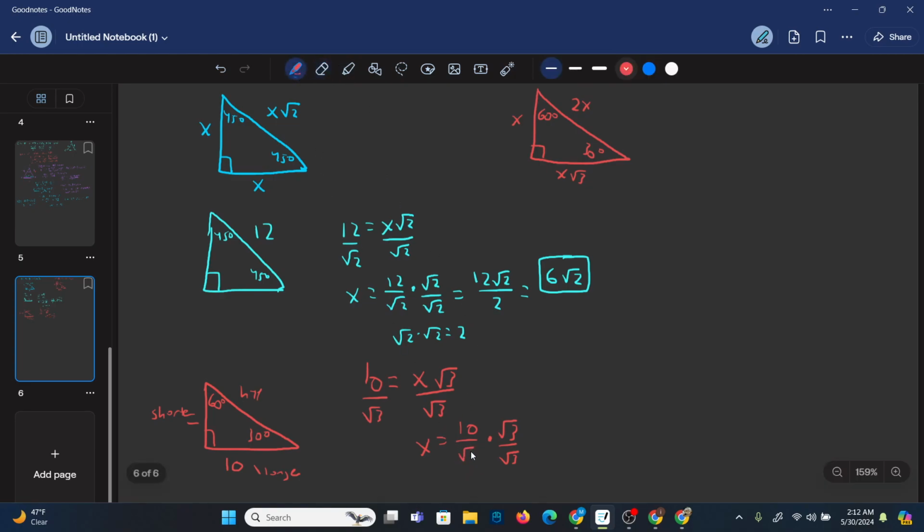So this is square root of 3. So this would equal 10 times square root of 3 over 3, since root of 3 times root of 3 just equals 3. And so this would be x.